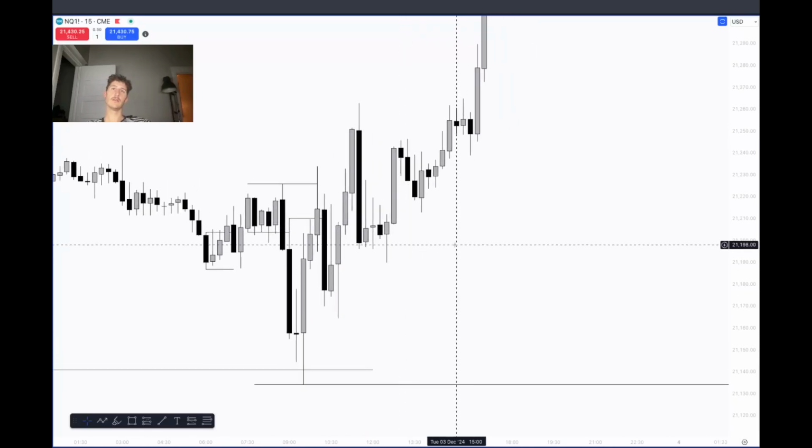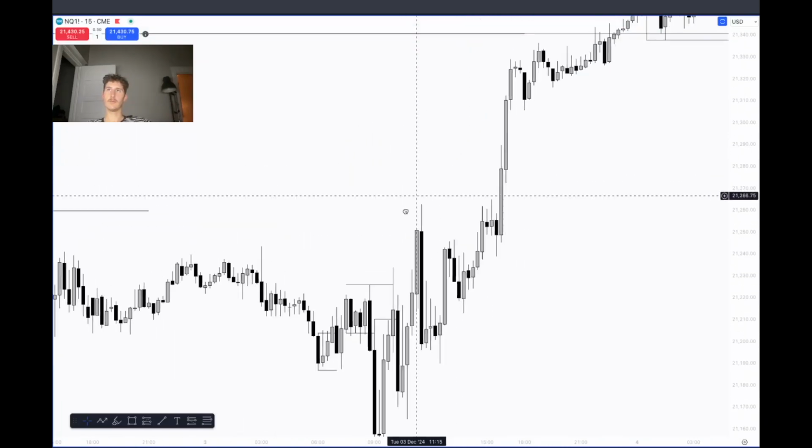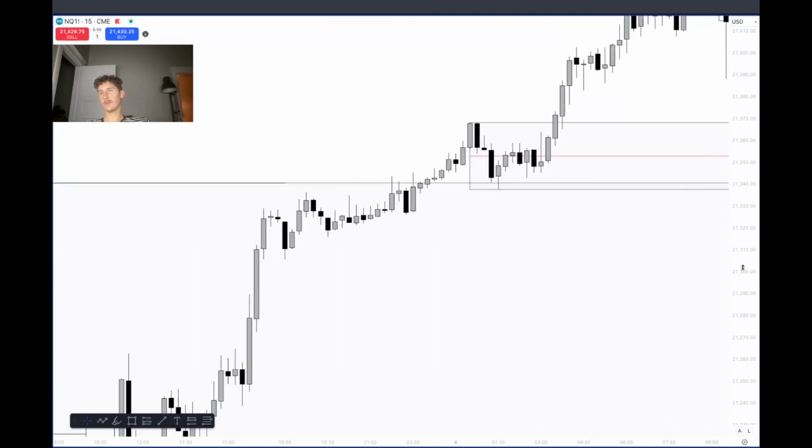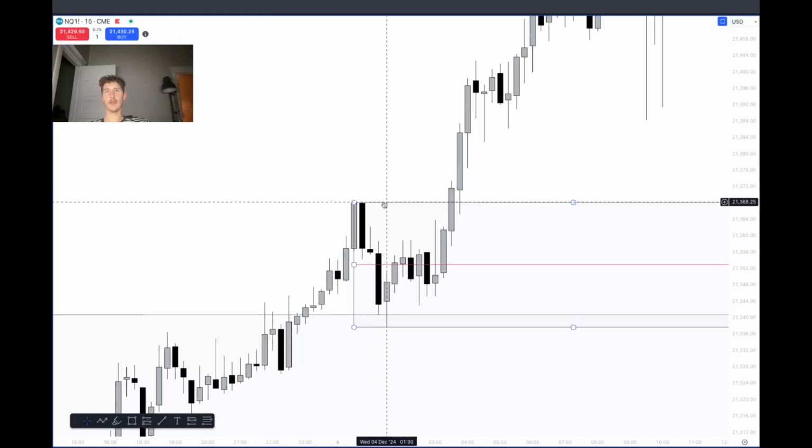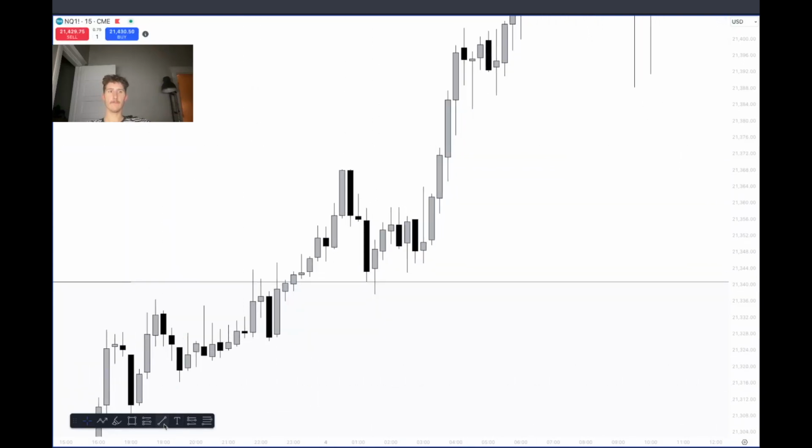Again, let's go over another time. Here we have a high because this candle gets closed below. Now, why is this not a high?